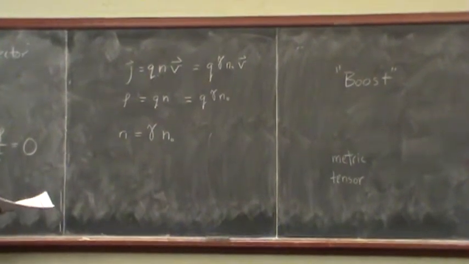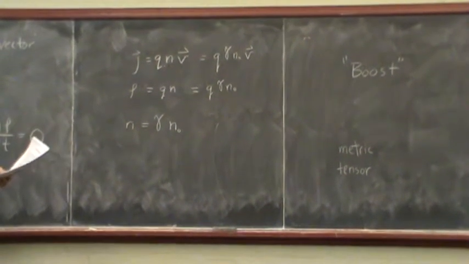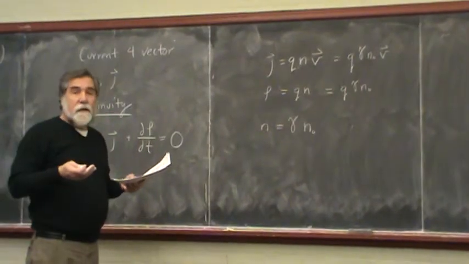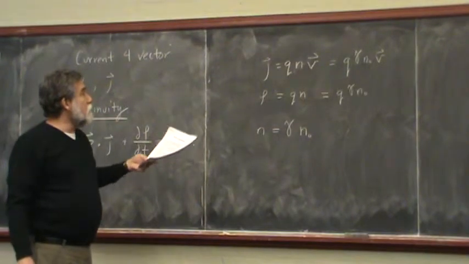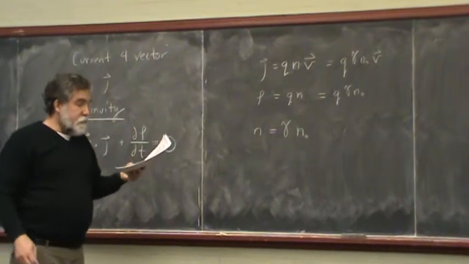So we see how things transform, right? The equivalent 4-vector that's going to actually transform has got to include velocity and charge density.